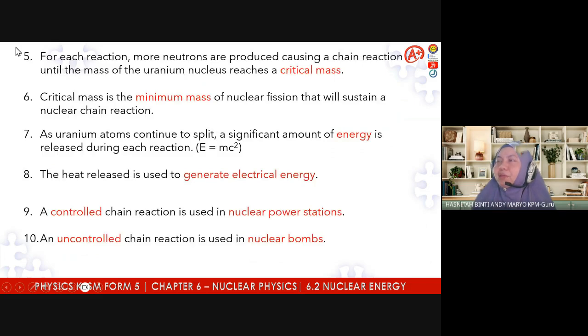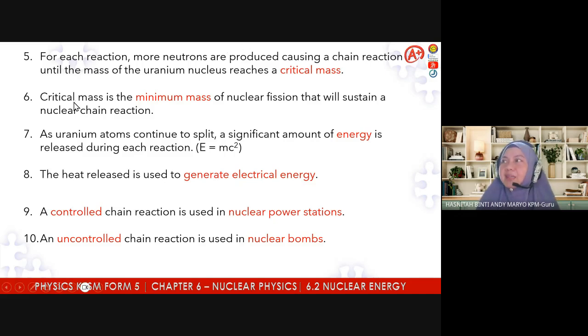Okay, so if you look at the details here, what happens in a chain reaction. Since more neutrons are produced, causing a chain reaction until the mass of the uranium nucleus reaches a critical mass. Okay, so every time the reaction occurs, definitely the mass of uranium will decrease and decrease until it reaches critical mass. So what is critical mass?